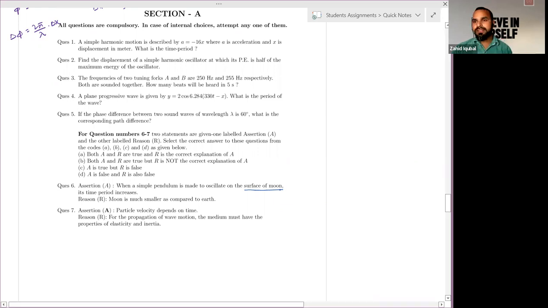As gravity decreases, time period increases. So it is a correct relation. Second, the moon is much smaller compared to Earth. So it is also correct. Due to this decrease in size, gravity is small, and that's why time period increases. So both assertion and reason are correct, and the reason is the correct explanation of the assertion. So it will be option A.